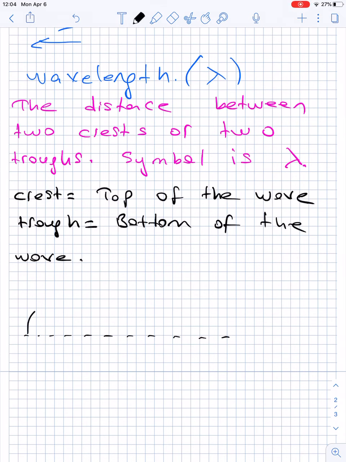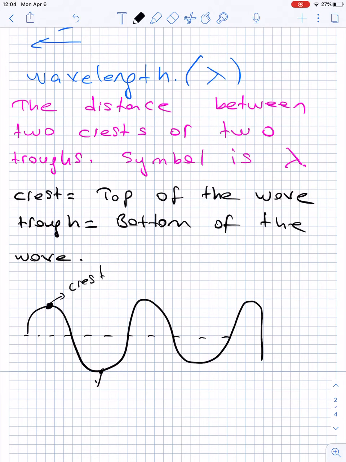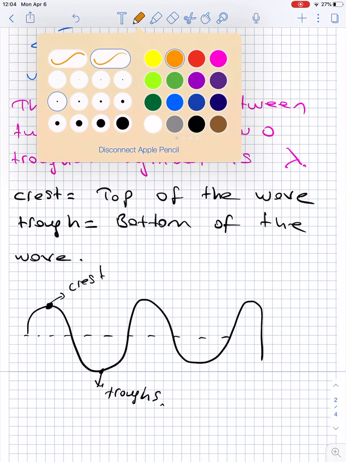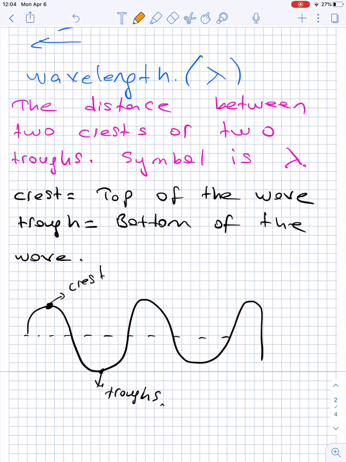Look at my wave moving like this. This here is the top of the wave, meaning crest. This here is the bottom of the wave, meaning trough. The distance between two crests is the wavelength.